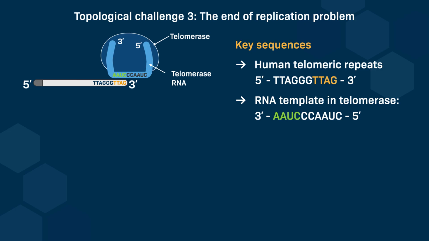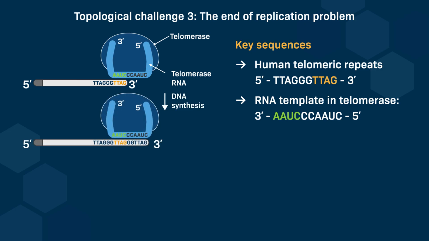The last part of the DNA repeat, TTAG, pairs with the first part of the RNA template, AAUC. This pairing positions the telomerase for extension. The enzyme then extends the 3' end of the DNA by adding complementary nucleotides, which creates a new DNA sequence, GGTTAG, from the RNA template CCAAUC.